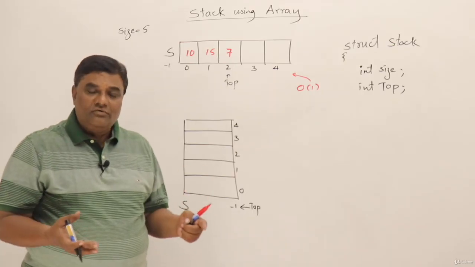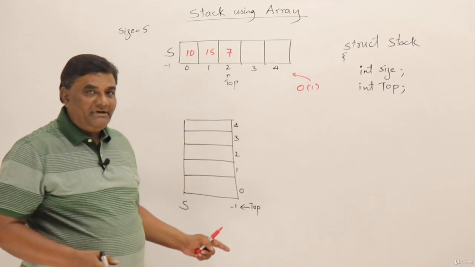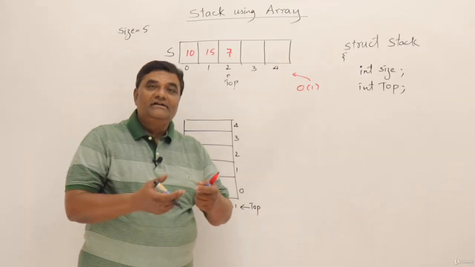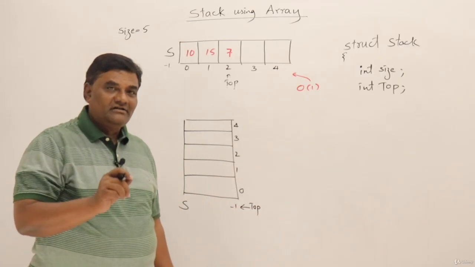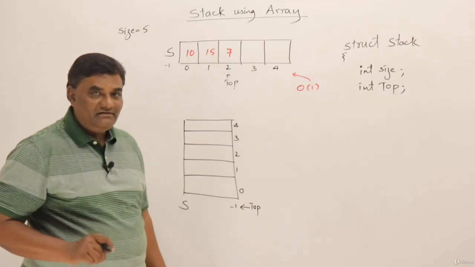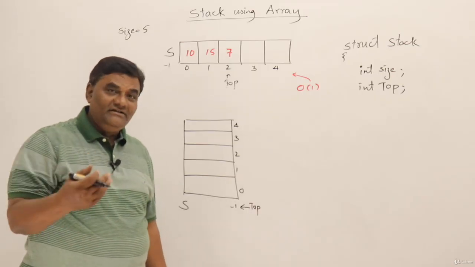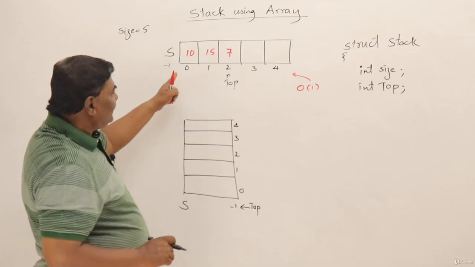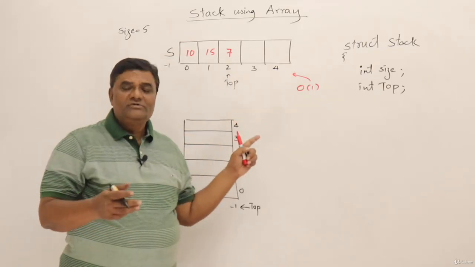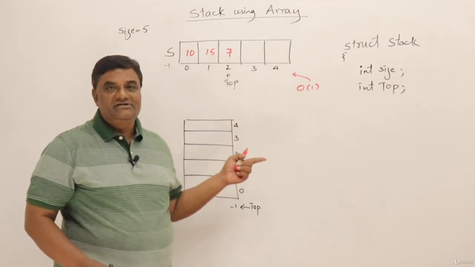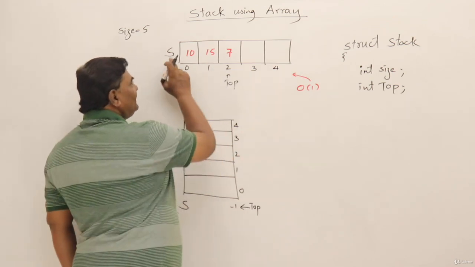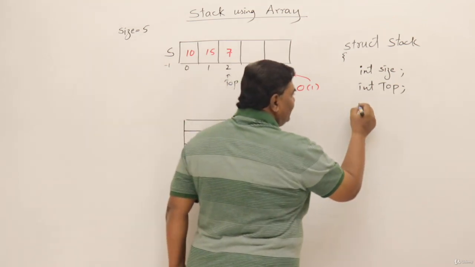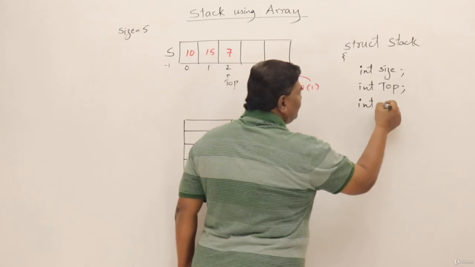We will find out the maximum expected size of the stack and create an array of that size. So better take it as a pointer. Don't take a fixed size array, so that we can dynamically create a stack. What type of elements will I be storing? Mostly for learning purposes we use integer type only. So I'll use an integer type array, and for that I will declare an integer type pointer.